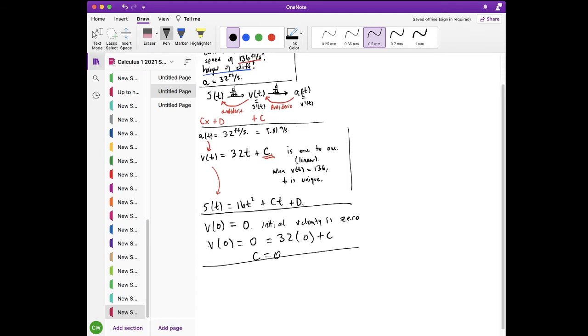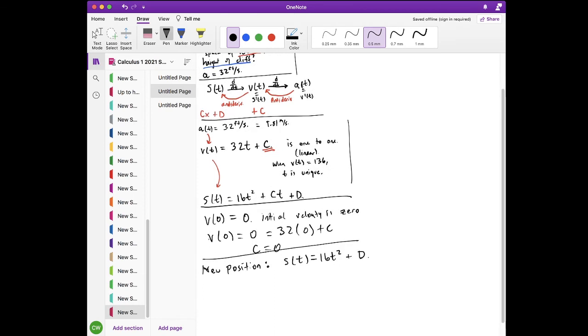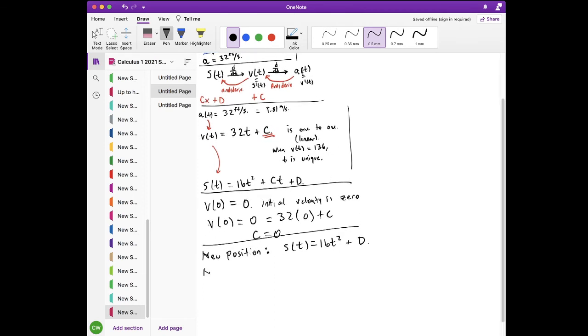So our new position function is s of t equals 16t squared plus d, because c is equal to 0. And also we have a new velocity, v of t equals 32t.